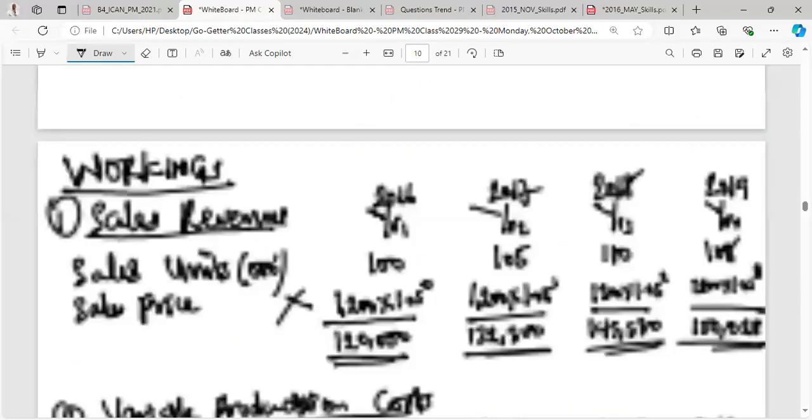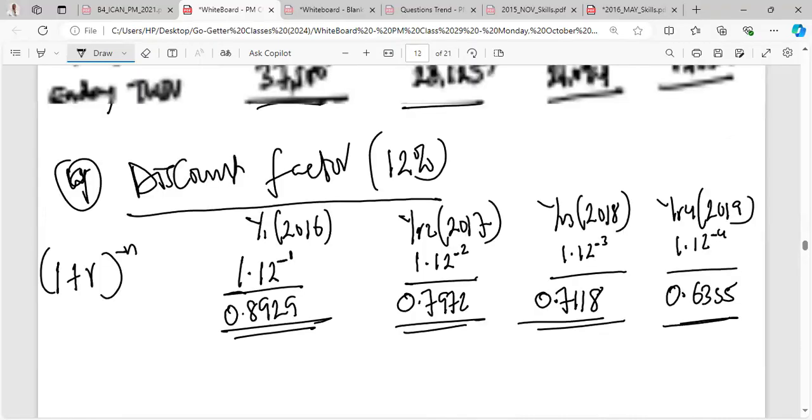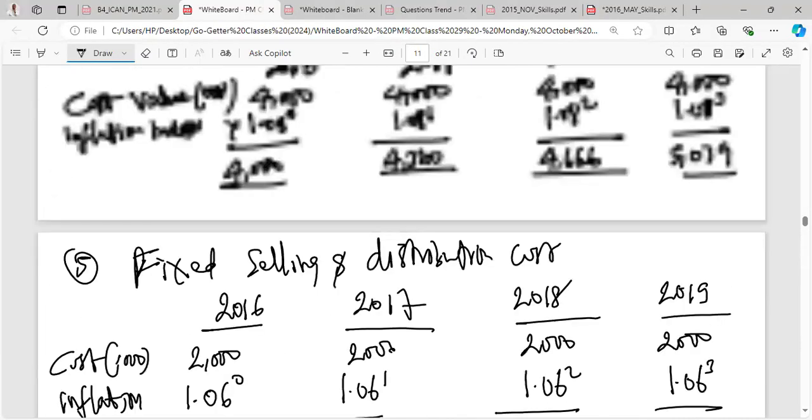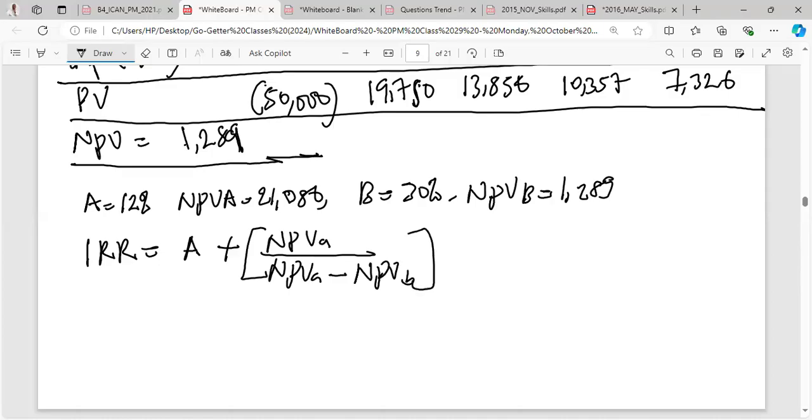The formula should be A plus NPVA all over NPVA minus NPVB, multiplied by B minus A percentage. So that's the IRR formula.